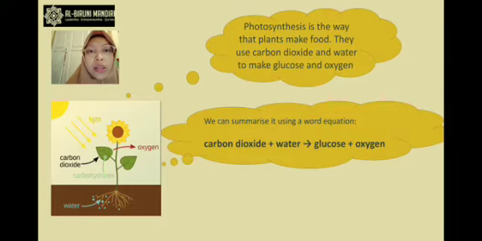Please look at the picture. This is a simple picture to show the photosynthesis process. Photosynthesis needs light, carbon dioxide and water.